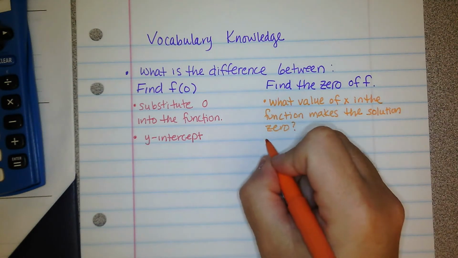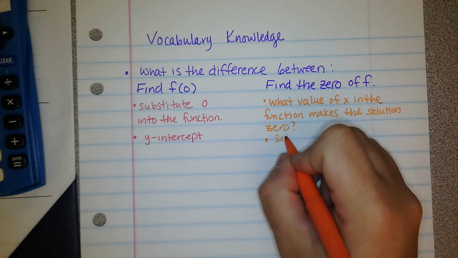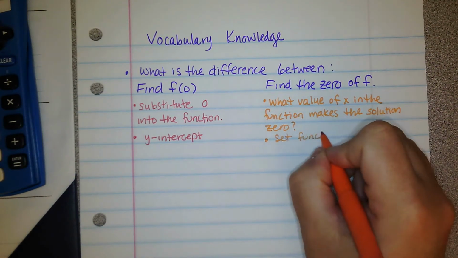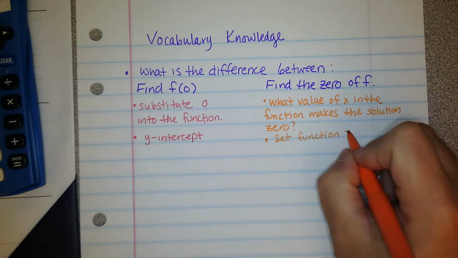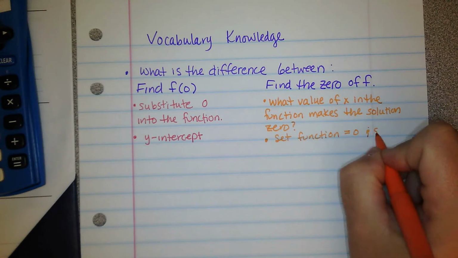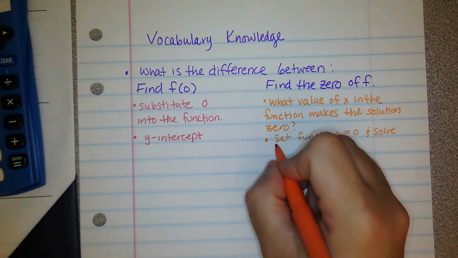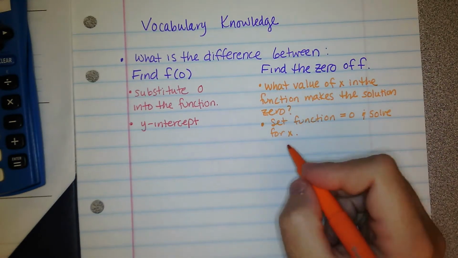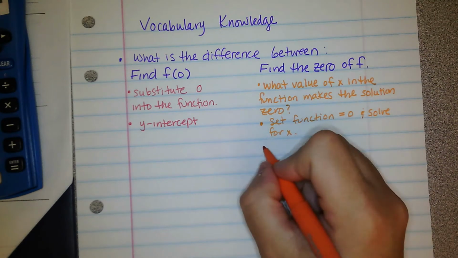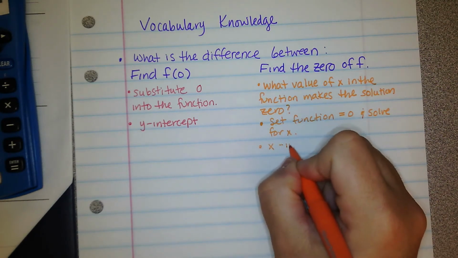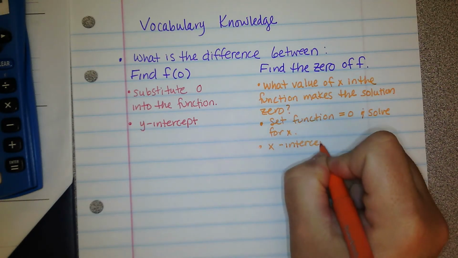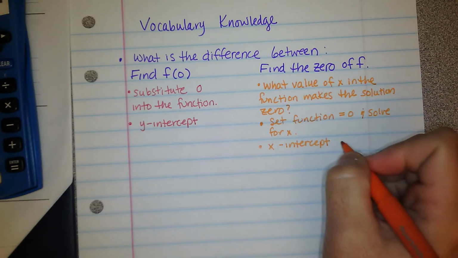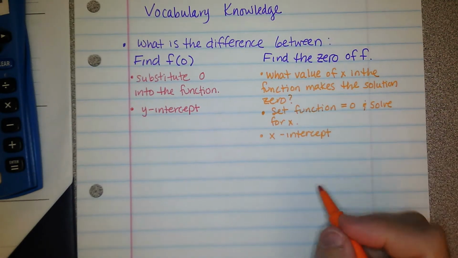And what they're actually doing is you would want to set the function equal to 0 and solve. In which case, what you are doing is you are finding an x-intercept. An x-intercept is another way of saying 0 of f.